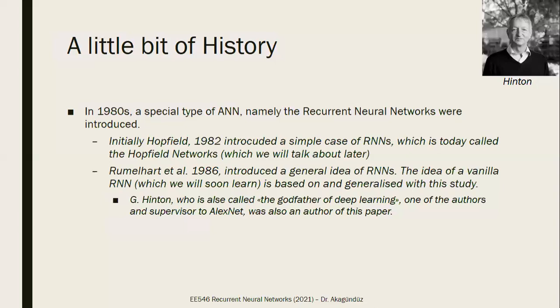Also, you could create layers out of this network. And frankly, one of the authors of this paper was Geoffrey Hinton. Geoffrey Hinton is also the supervisor of the paper known as the AlexNet paper, Alex Krizhevsky's paper in 2012. So Geoffrey Hinton was there at the cornerstones of this literature. That's why today he's called the godfather of deep learning, guys.